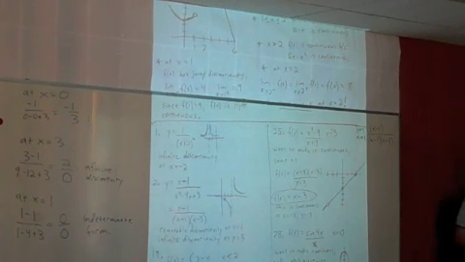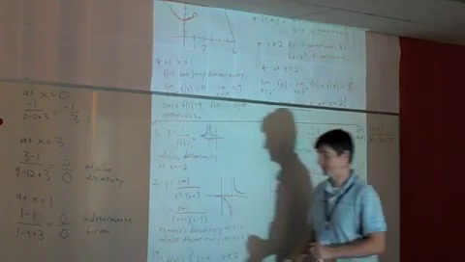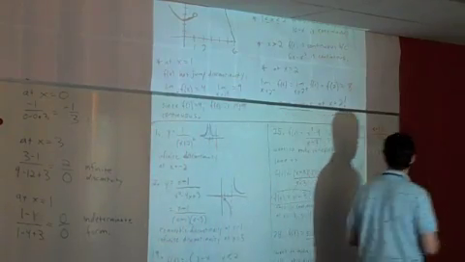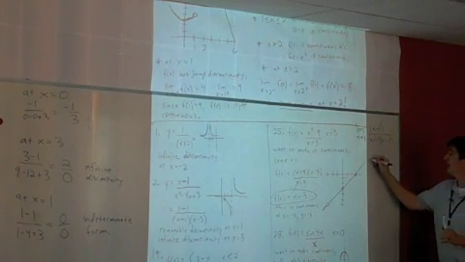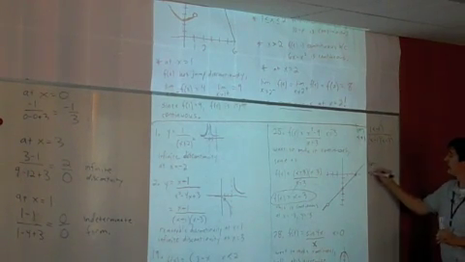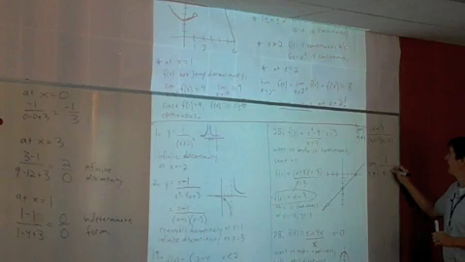Now, you can't do this for function values. You can't just say, okay, these cancel out if you're talking about function values. Okay, these are going to cancel out, which equals the limit as x approaches 1 of 1 over x minus 3.